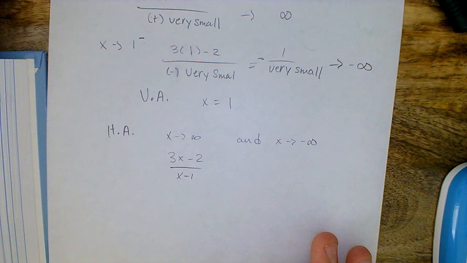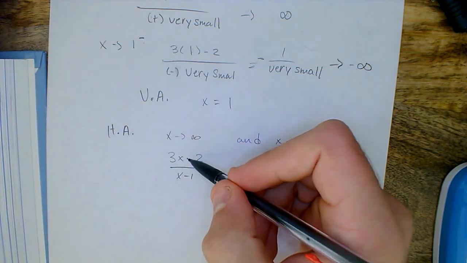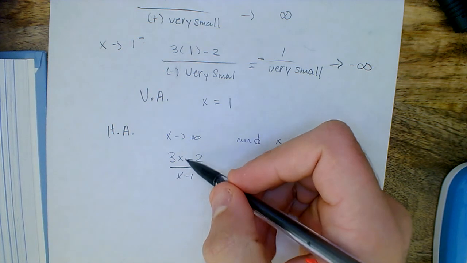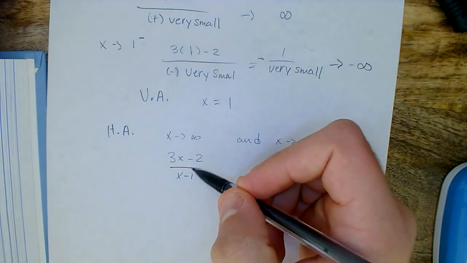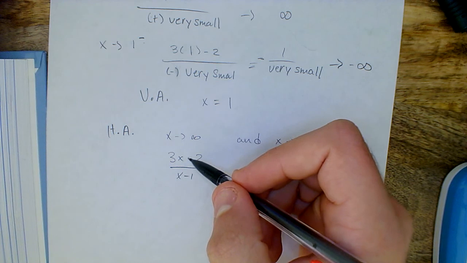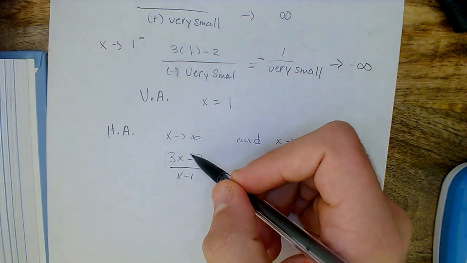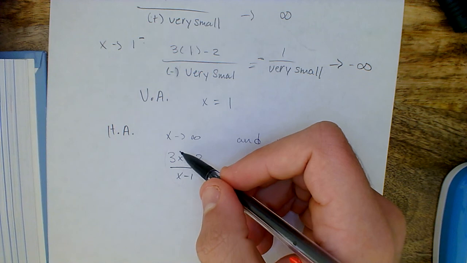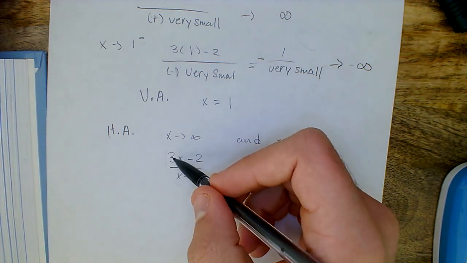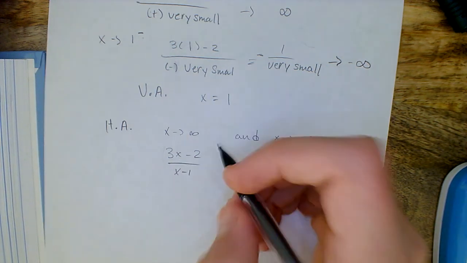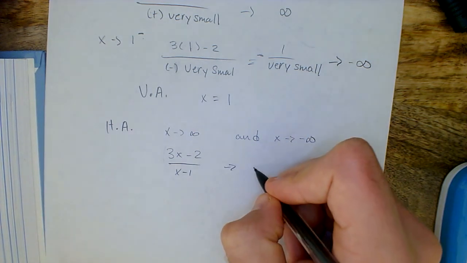Looking at the end behavior here, we learned a couple sections ago that if we have the same degree polynomial over a polynomial that has the same degree, then we need to look at the leading coefficients. So this polynomial is a degree 1, and this one is a degree 1 polynomial. So we need to look at the leading terms, 3x and x, and then their coefficients, 3 and 1.